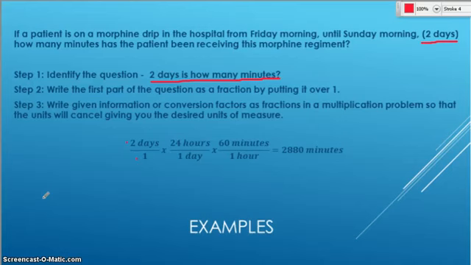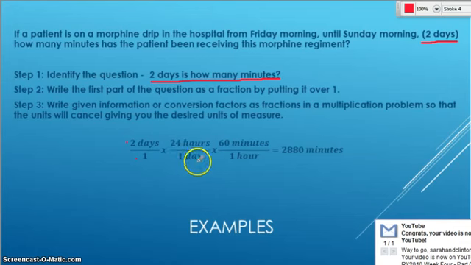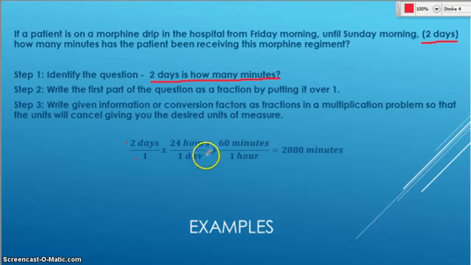So I have to write them in such a manner that the units will cancel. Because remember, when we multiply fractions, anything on the top on one side and on the bottom on the other side can be canceled. So I know that 1 day is equal to 24 hours. Notice that day is down here and day is up here, so those cancel.